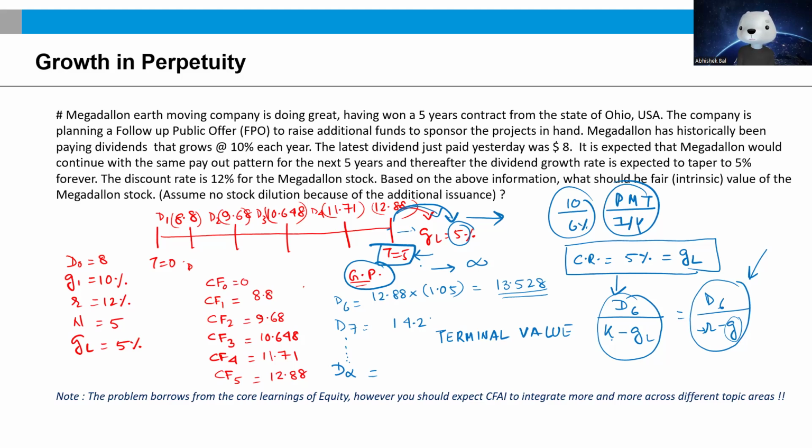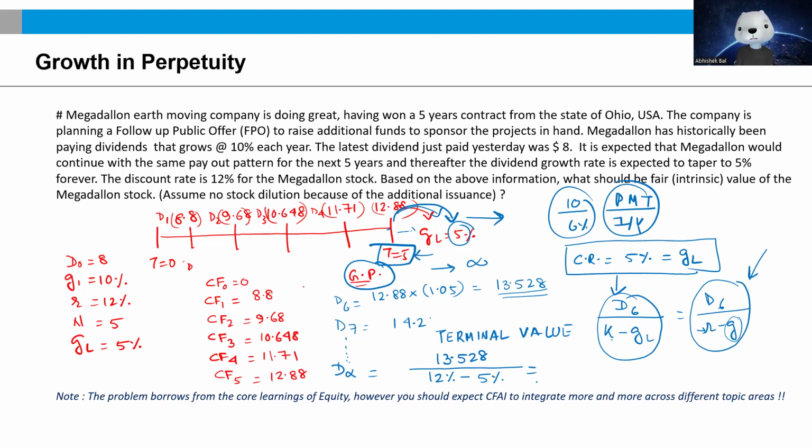So that happens to be the 5th period. So out here, the D6 we have calculated as 13.528. This we are going to divide by the discount rate of 12% and the growth rate in the infinite period, which has been given to be 5%. All right.